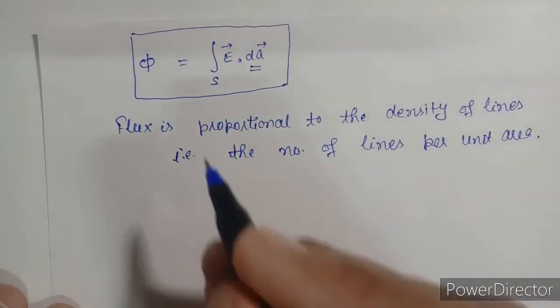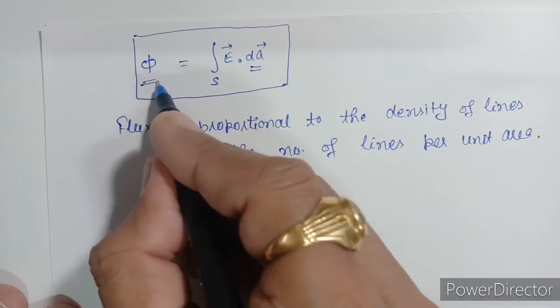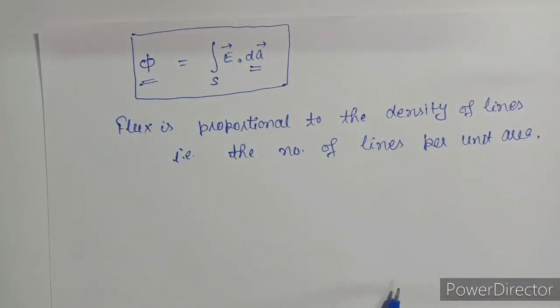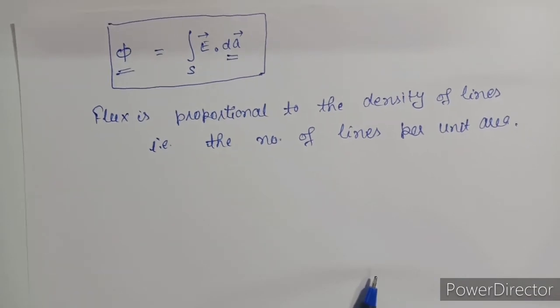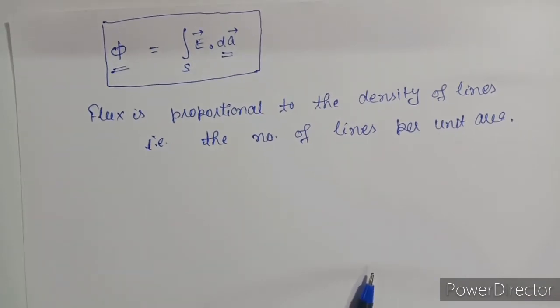Okay, so here the total flux basically considers the total charge enclosed within the closed surface.